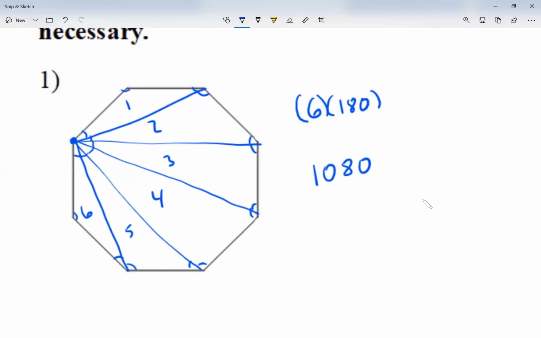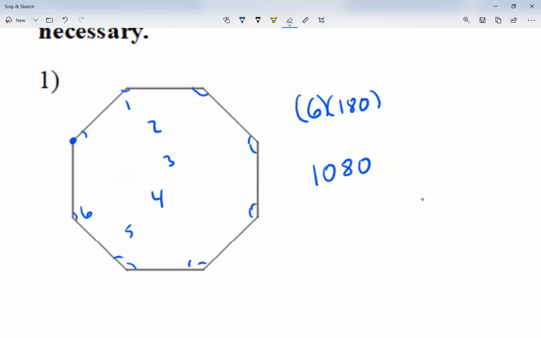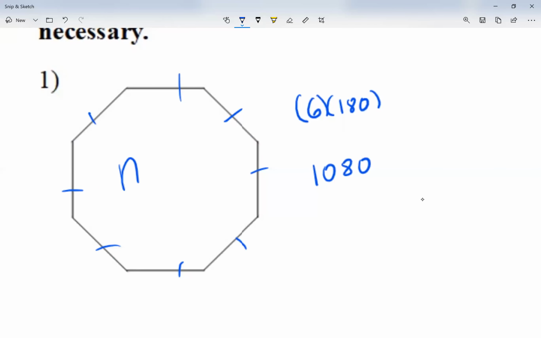Now let me show you guys a different way. There must be an easier way to do this. Let me erase this. Let me show you guys a different method. We're gonna do this pretty simple. Let me count how many sides I have. So 1, 2, 3, 4, 5, 6, 7, and 8. I have 8 sides.